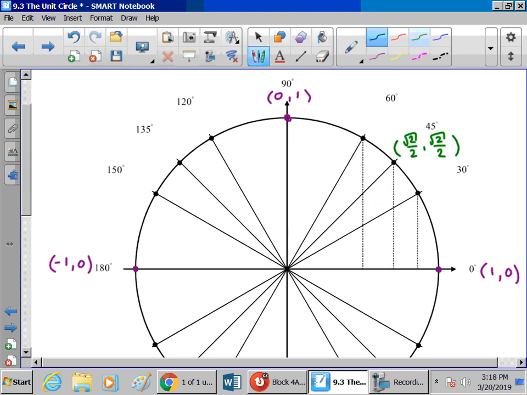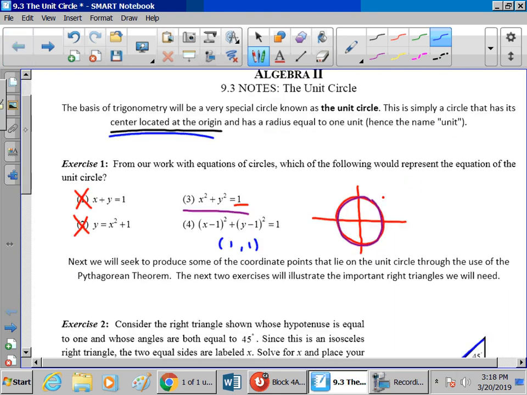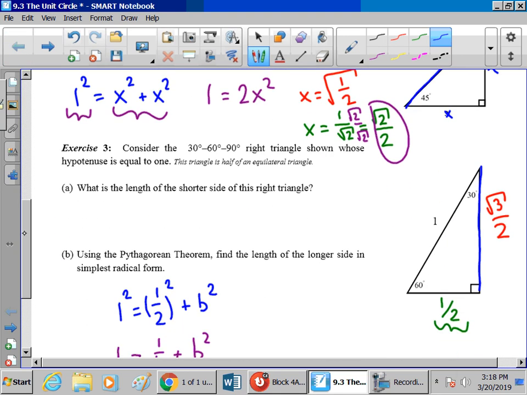So now let's do one of our 30, 60, 90 triangles. Let's do this one. Here's 30, so that's the angle we're given. This is again 90, which means that this has to be 60. If we go back to 30, 60, 90 triangles, we know the hypotenuse is 1.